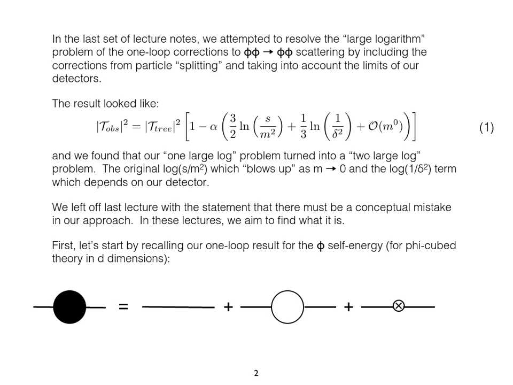We've computed these real corrections, right? And when we put them together, we ended up finding that we still have the original log that is a problem in the massless limit, and we have this log from the real corrections, right?